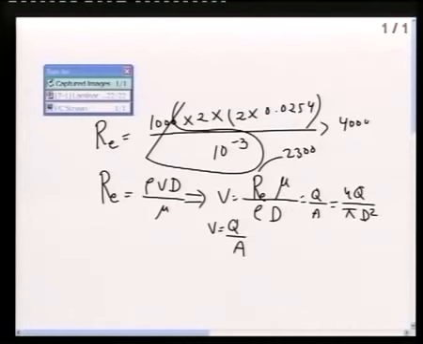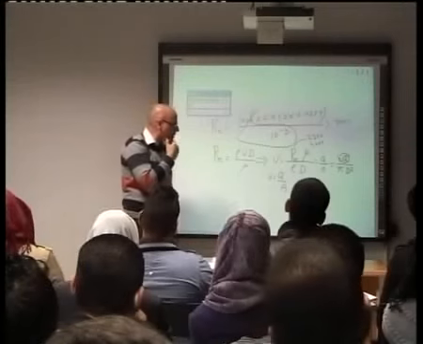If the flow rate increases above this value, then the flow will become transitional. And if it increases above a value that will make Reynolds number 4000 and beyond, then it will be turbulent flow, things like that.